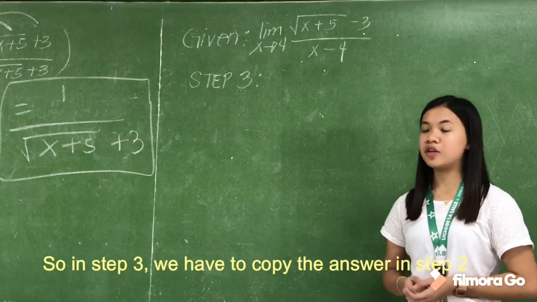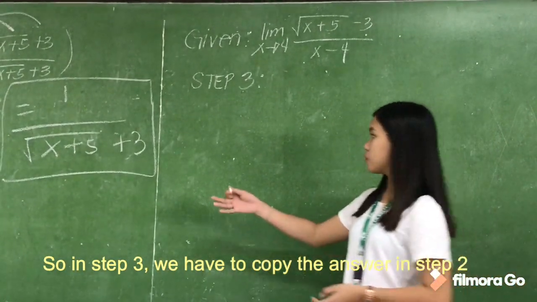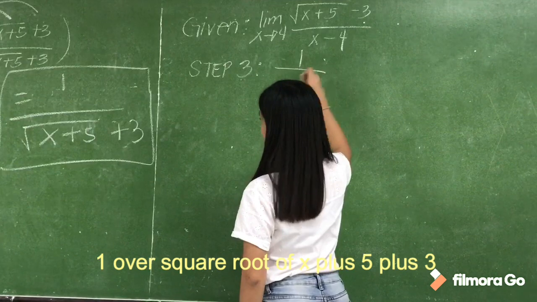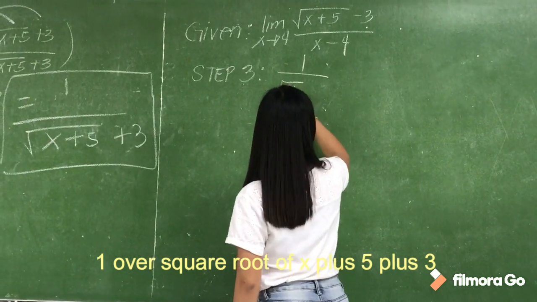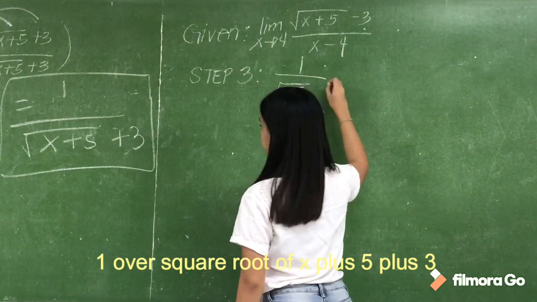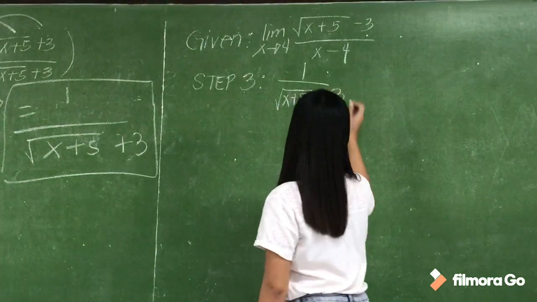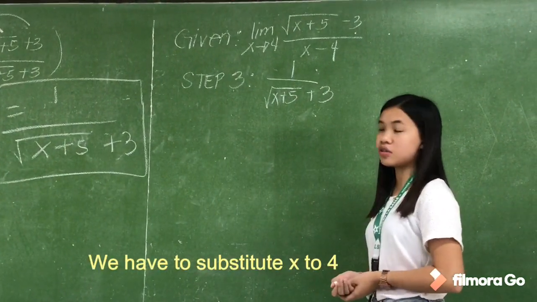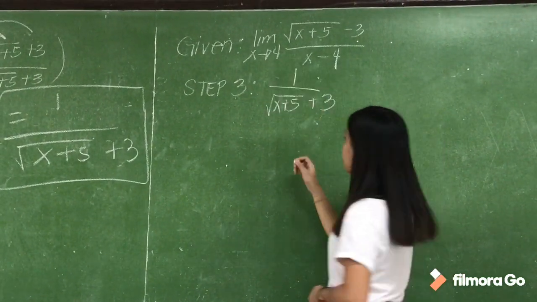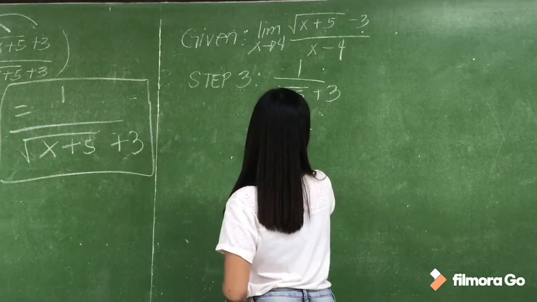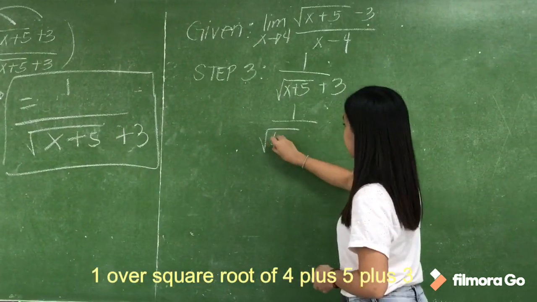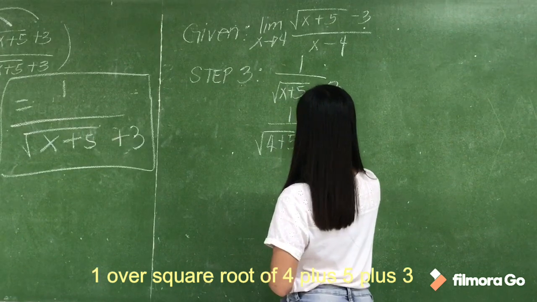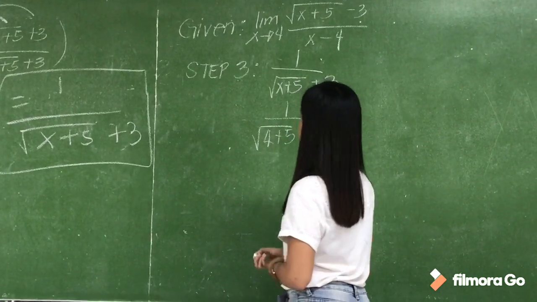So in step 3, we have to copy the answer in step 2. So 1 over square root of x plus 5 plus 3. So we have to substitute x to 4. 4 plus 5.